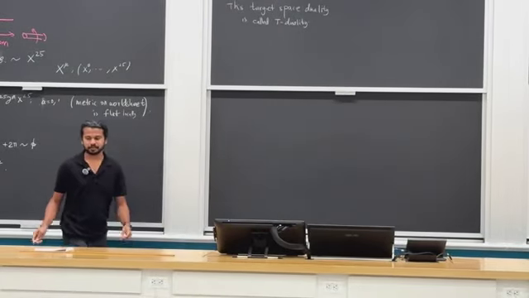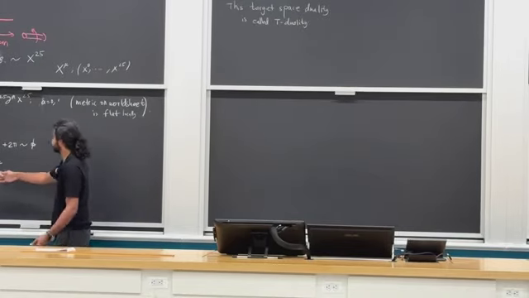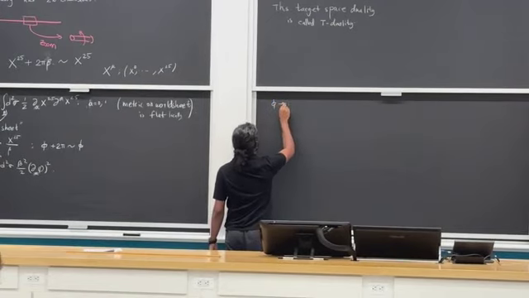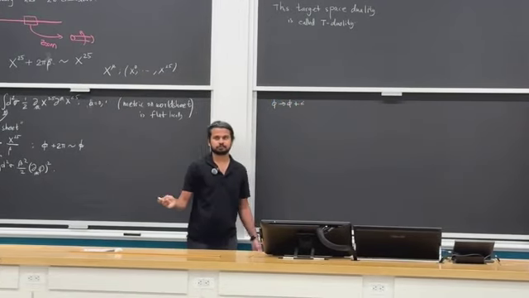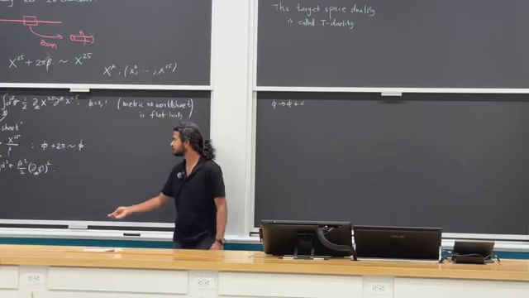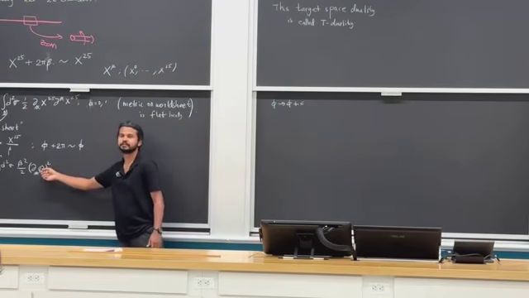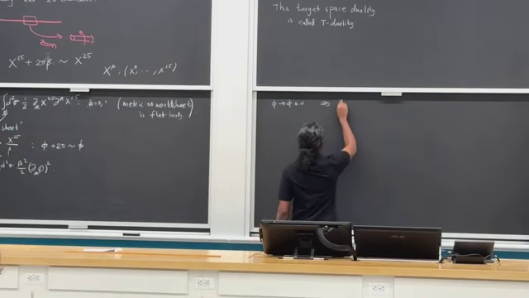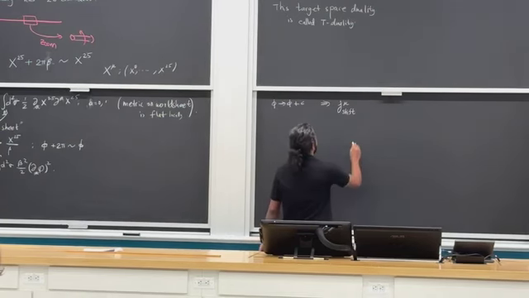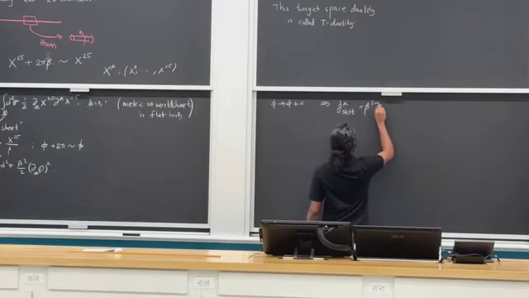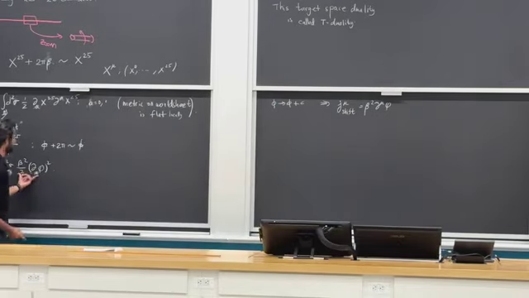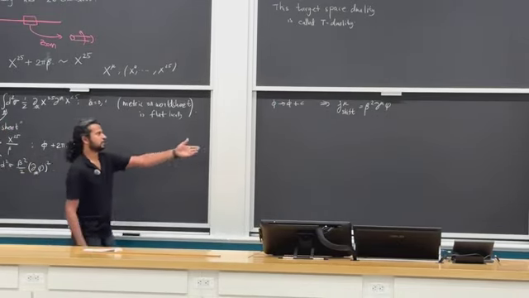First, let's think about the symmetries of this theory. One symmetry is obvious, which is the constant shift in phi, which does not change anything because the action only depends on the derivative of phi. This corresponds to a current which we will call the shift current, and we'll define it to be that. You can just do the Noether procedure with that symmetry and find out that that's the current.